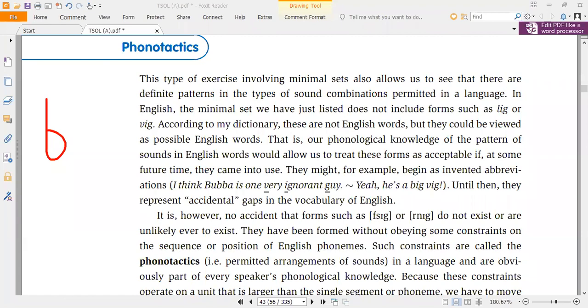For example, if I write the word banana, you're talking about banana, right? Can you see the phonetic transcription here? Ba, na, na. How many syllables do we have? Three. We have three syllables.